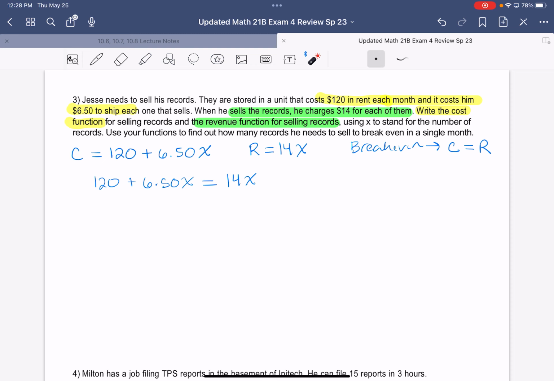You have to put it in the context of the problem and identify which value is the stagnant value that's not going to change regardless. And then you have to identify the value that's dependent upon something else. In this case, the value that's dependent is the shipping cost, because the shipping is dependent on how many records he sells. Okay.